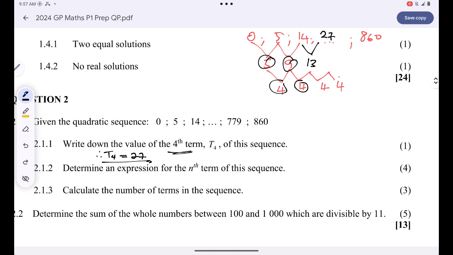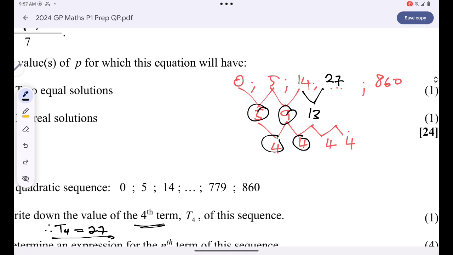Now they want us to determine the expression of the nth term in the sequence. Remember that 2a is equal to the second difference, and then 3a plus b is equal to the first term of the first difference, and then a plus b plus c will be equal to the first term of the sequence.